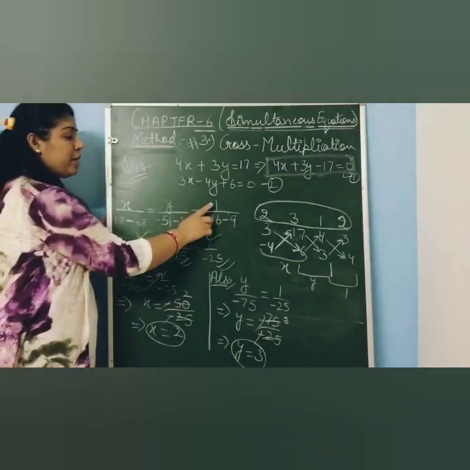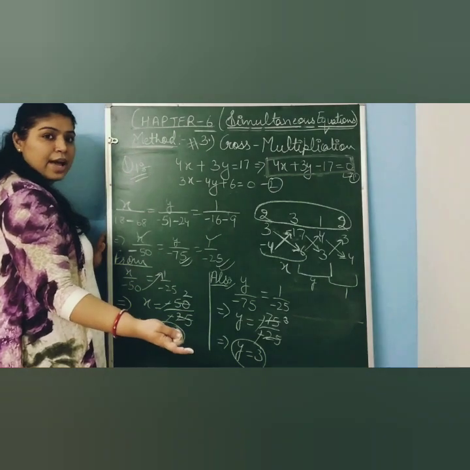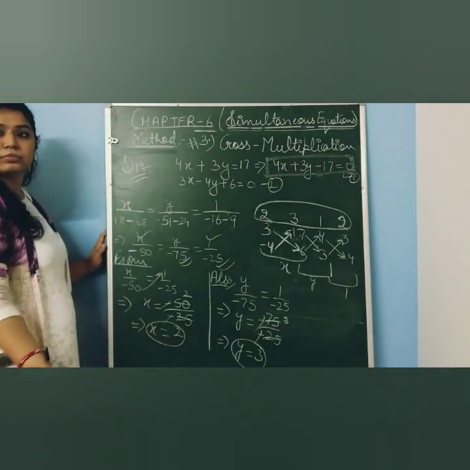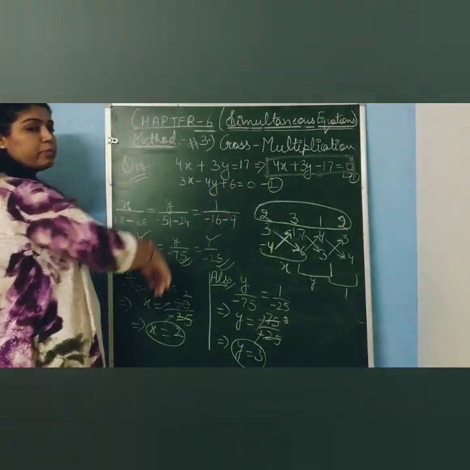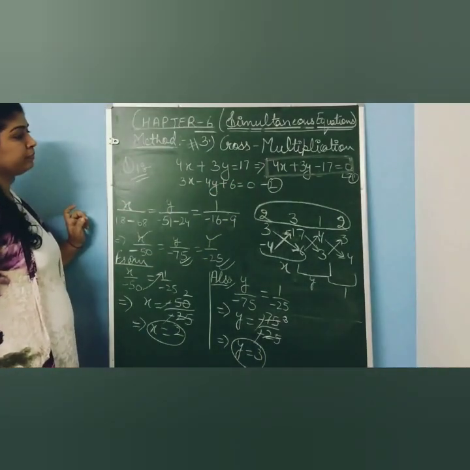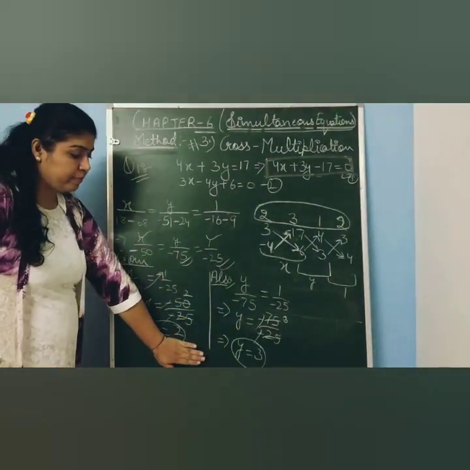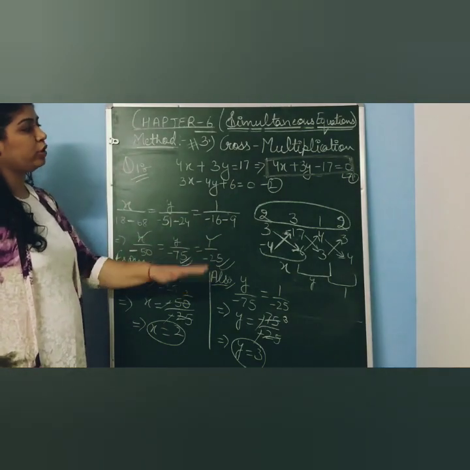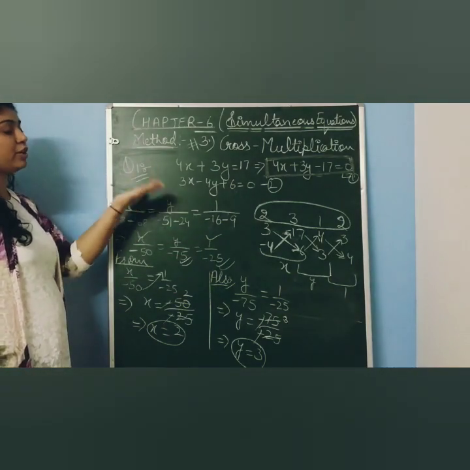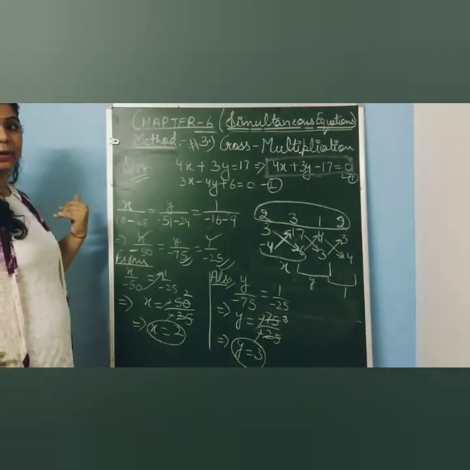If you want to write minus 1 here, then constant should be on right hand side, and if you want to go with this thing, then constant should be on left hand side. Is it clear? So this is the method, accurate method, where we can put the constants on right hand side, on the left hand side, and we can find out the values of x and y.